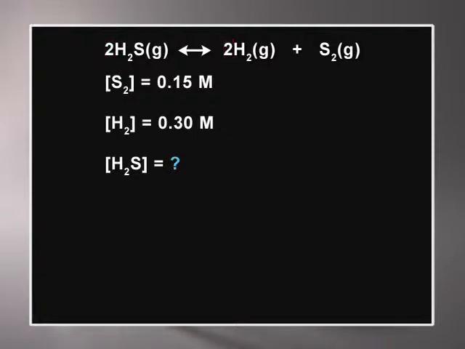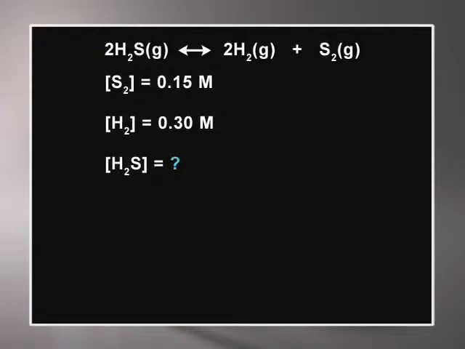You have to decompose 1 mole of H2S for every mole of hydrogen you produce. Since I produced 0.3 of a mole of hydrogen, I must have decomposed 0.3 of a mole of H2S in order to do that. Well, a lot of students at this point will plug in 0.3 for the concentration of H2S. That's a very common and understandable error.